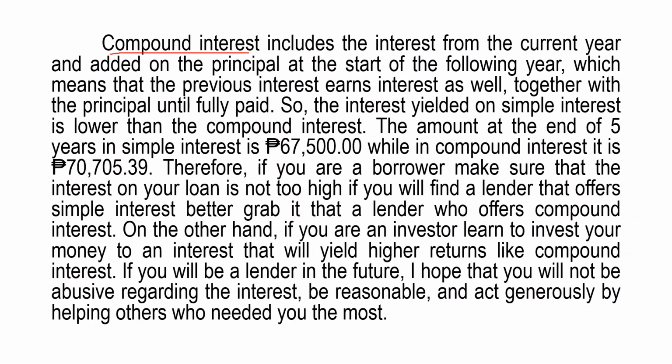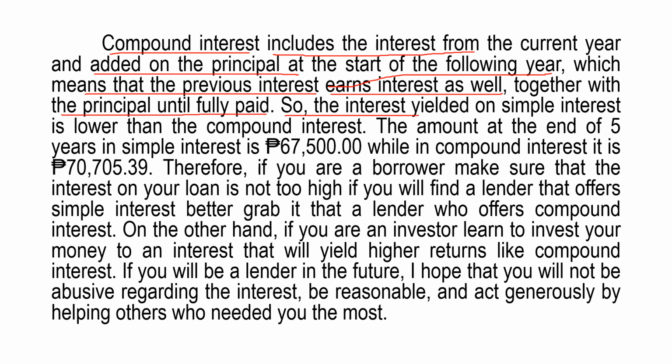So compound interest includes the interest from the current year added to the principal at the start of the following year, which means that the previous interest earns interest as well, together with the principal, until fully paid.